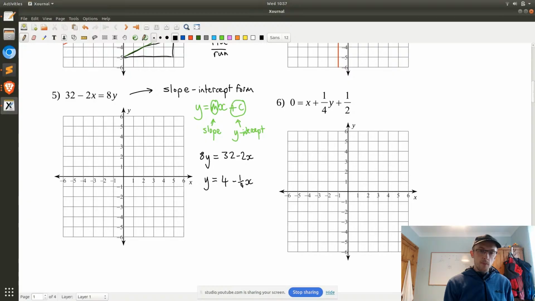The slope is negative a quarter. That means it's sloping downwards, top left to bottom right. And it's negative a quarter, so that means it's quite a shallow slope. More like this than like this.